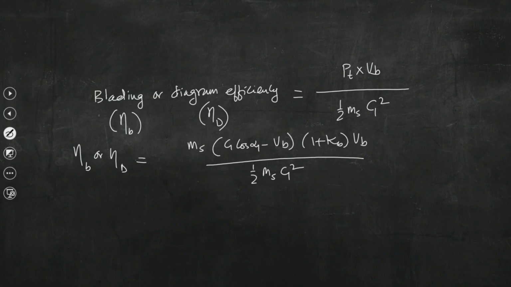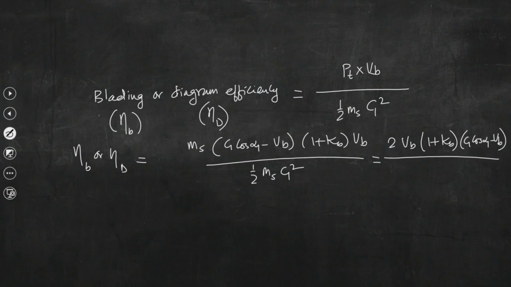So, we can write one step further, that means we are getting twice Vb into 1 plus Kb C1 cos alpha 1 minus Vb divided by C1 square.